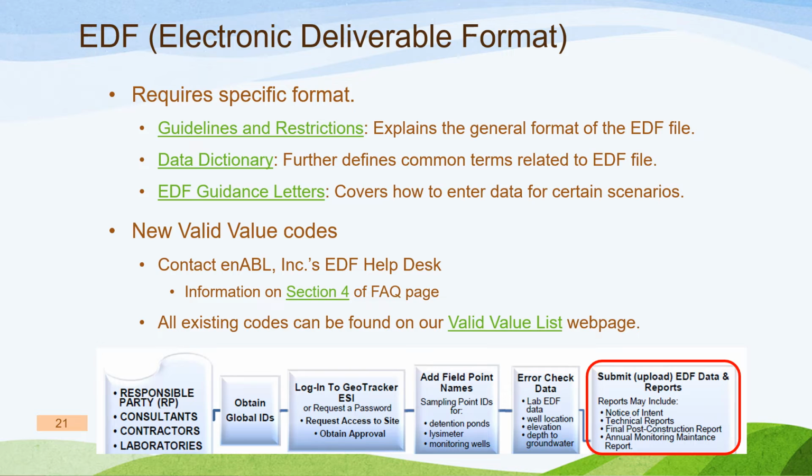The goal is to provide consistency in the data entry process. The full list of codes can be found on our valid value list webpage. For EDF valid value codes that are not on this list, the regulator community can contact Enable Inc.'s EDF help desk and submit a request for a new code.